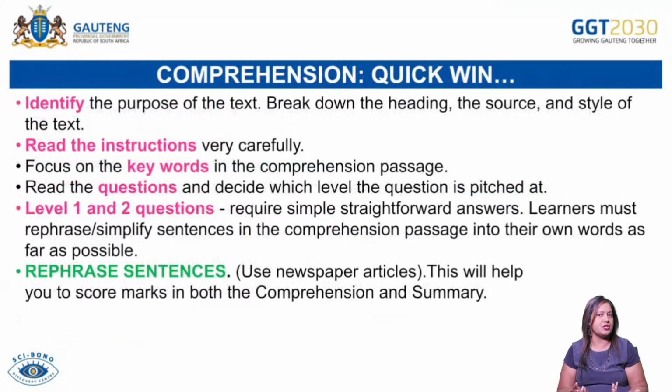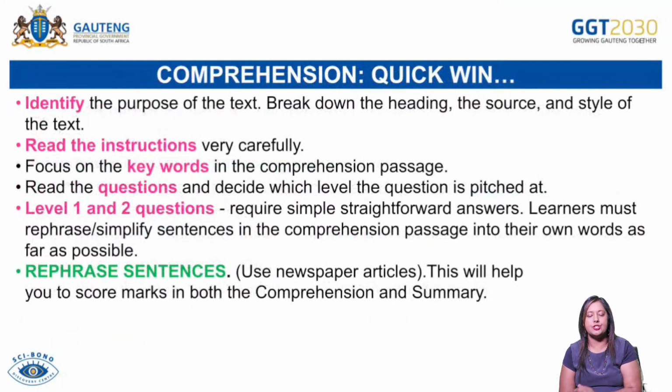If you don't have access to the newspaper, go online to an e-reading platform, okay? Read a text. And when you have done that, you will now be able to say, what is this text all about? And rephrase the ideas in your own words. And that's a skill that would help you in both the summary and the comprehension.